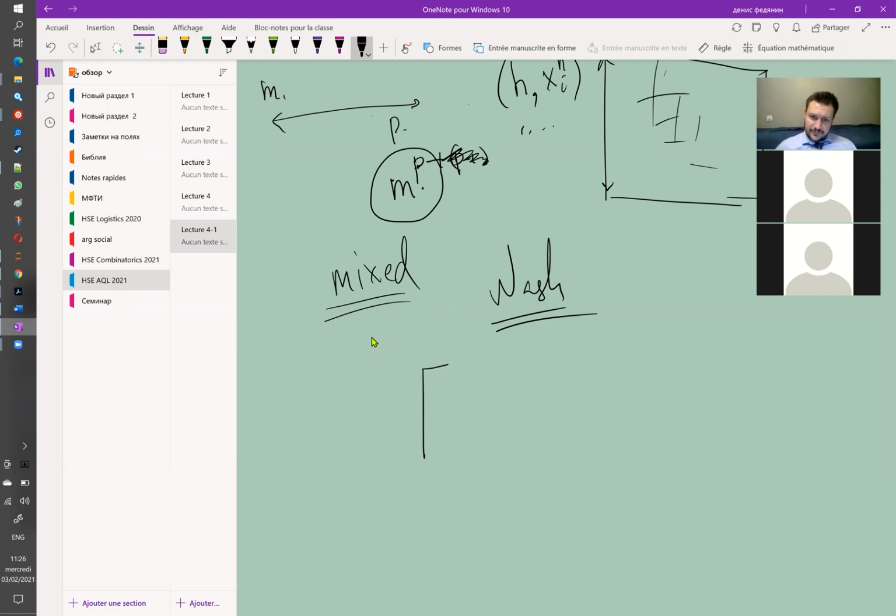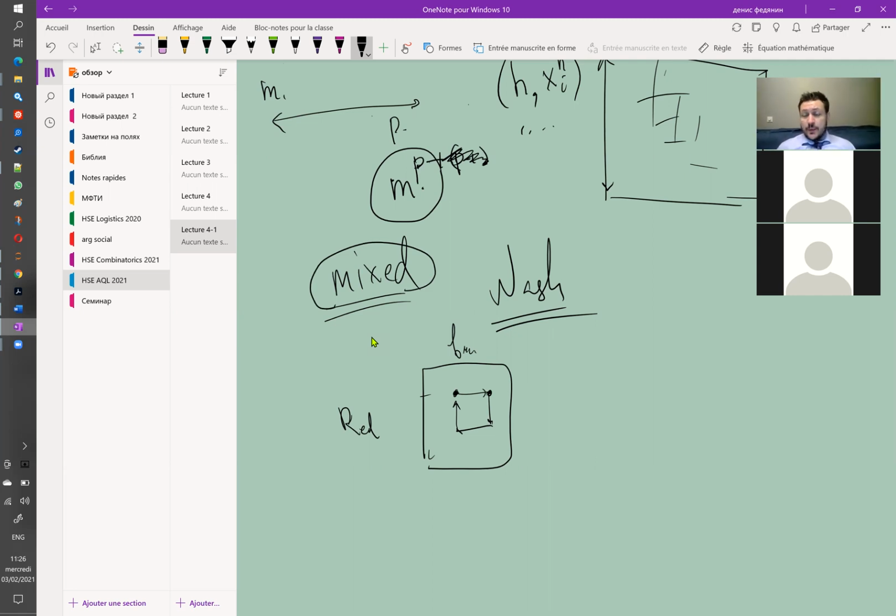If we have a table or a game, any game, like player one, for example, red and blue, it could be that there is no such point where all players are satisfied, so they don't want to change. There are many such games where this blue player wants to change here, then red wants to change here, and there is a cycle, for example. So there is no Nash equilibrium in pure strategies, but a mixed equilibrium always exists.